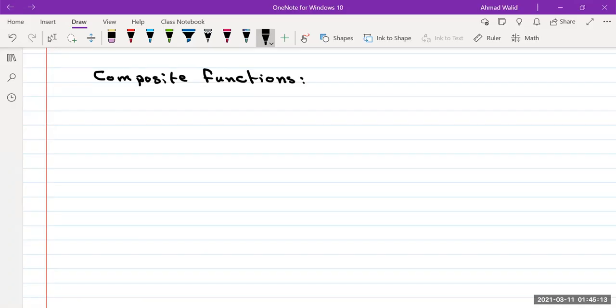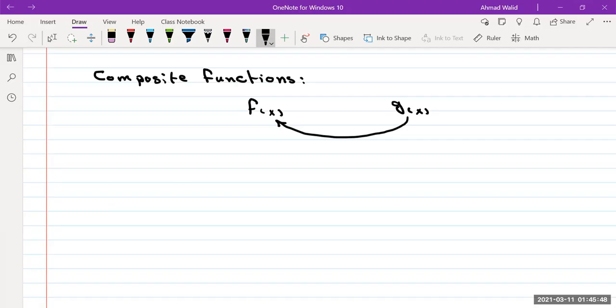Composite functions. What is the composition of two functions? In a very simple language, for example, if you have two functions, one of them f of x and the other one is g of x, composition means you plug in one function inside the other function, like this. For example, bringing g inside f, correct?